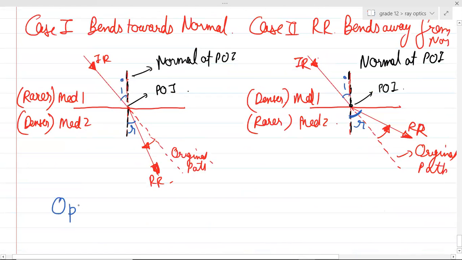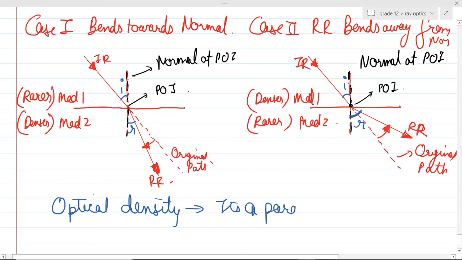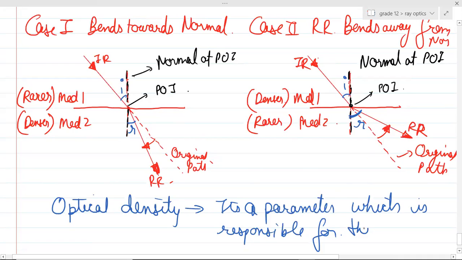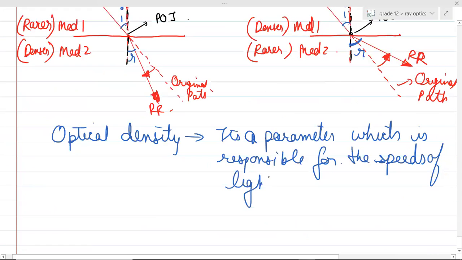Now please remember, whenever we talk about optical density, it's basically a parameter which is responsible for the speed of light. Basically refractive index only, but we can term it in a more technical way.